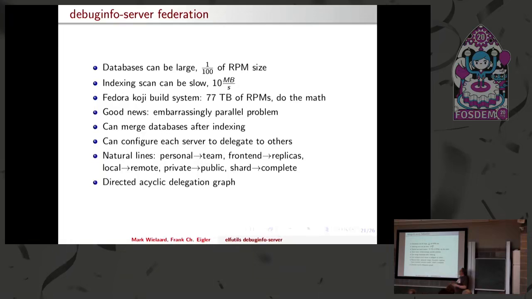The database can become a bit large, but that's mainly because there is so much data, especially if you try to index all the RPMs in the Fedora Koji build system. That is really big. But it's a very parallel problem. You can just partition it. You can have multiple directories, multiple servers. You can even merge databases.